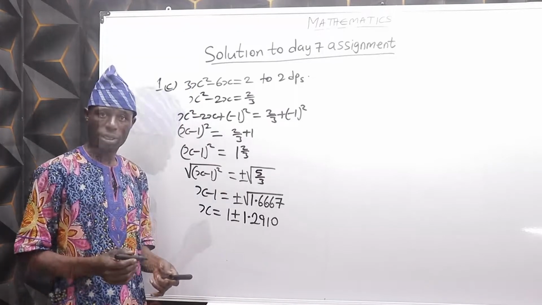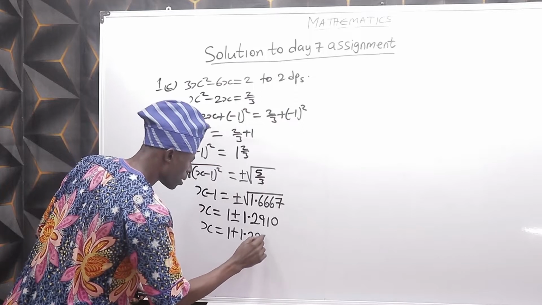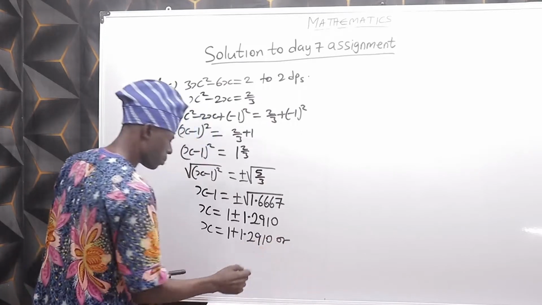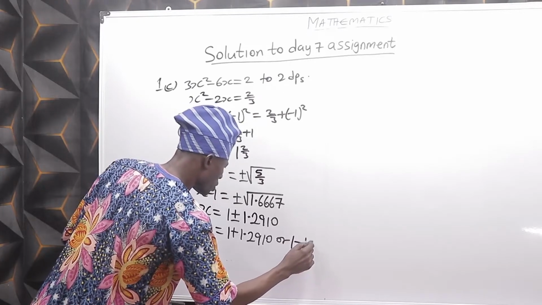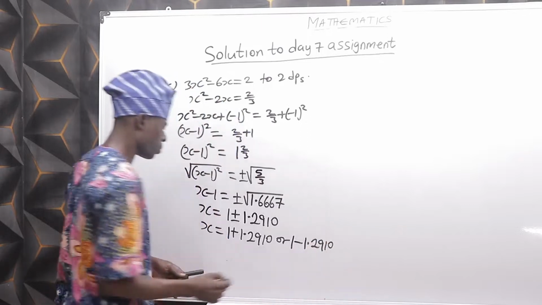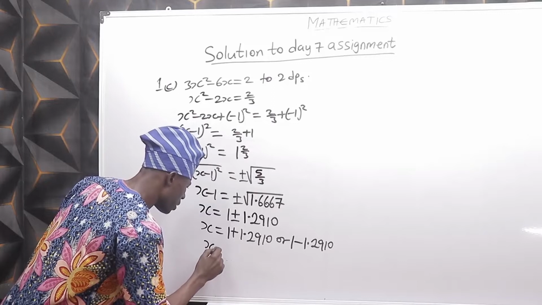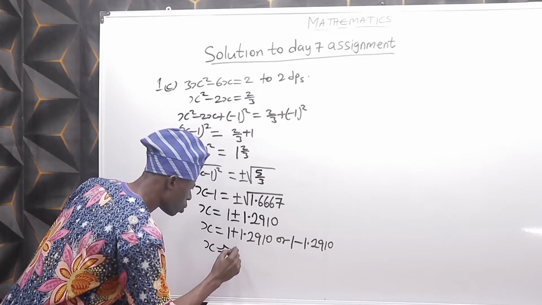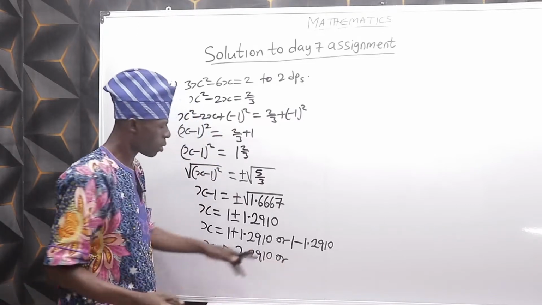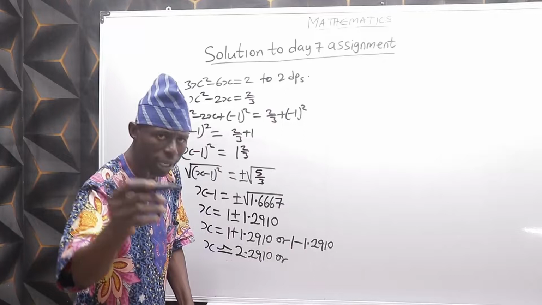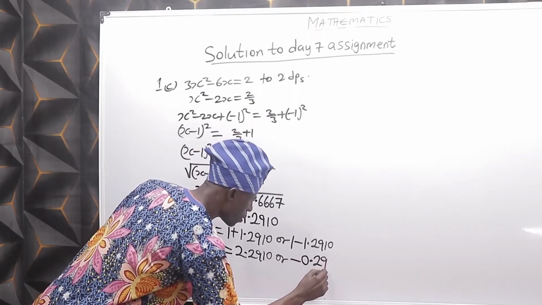The square root will be, I've omitted, 1.2910. Do you understand? x will be equal to 1 plus 1.2910 or 1 minus 1.2910. 1 plus 1.2910 gives x approximately equal to 2.2910 or 1 minus 1.2910 gives minus 0.2910.